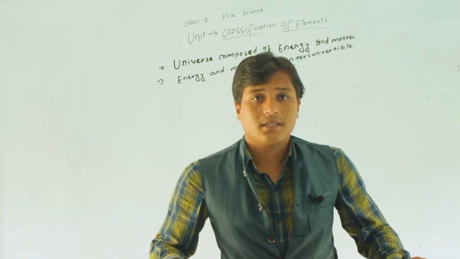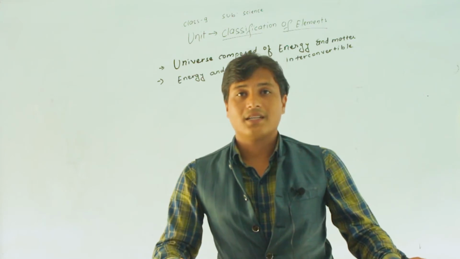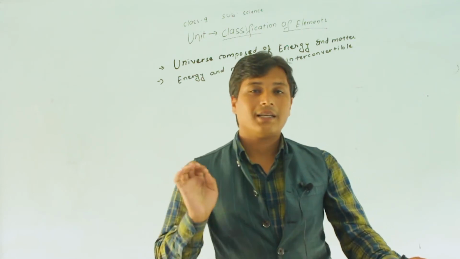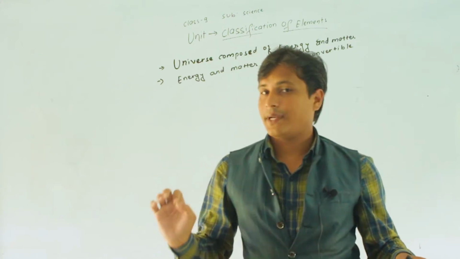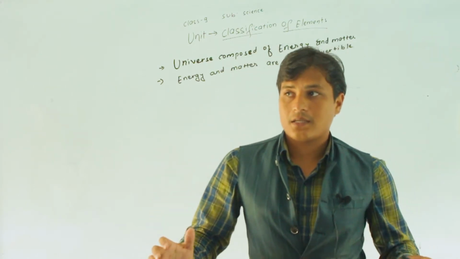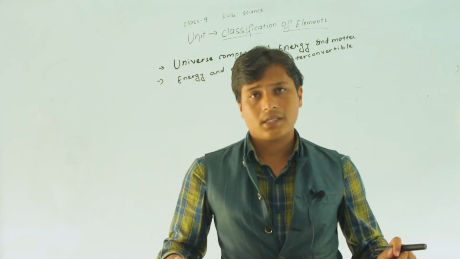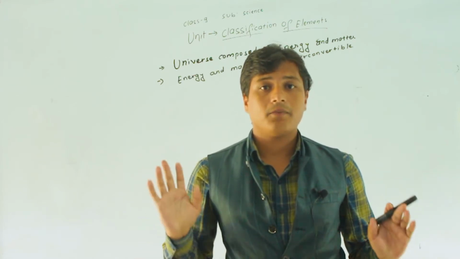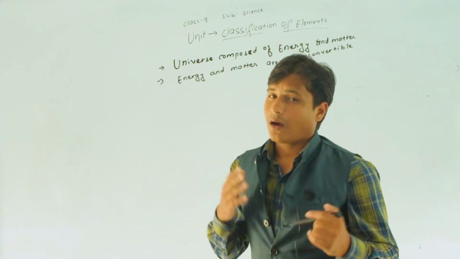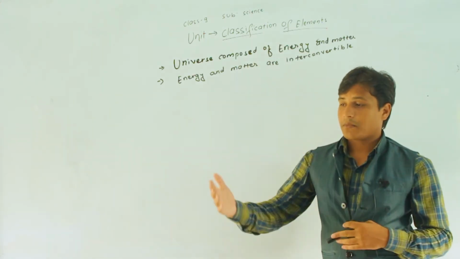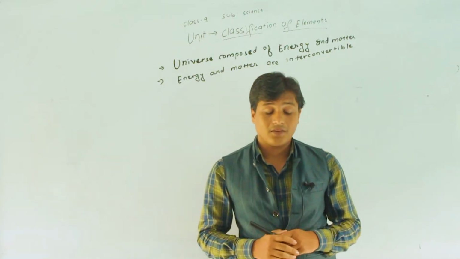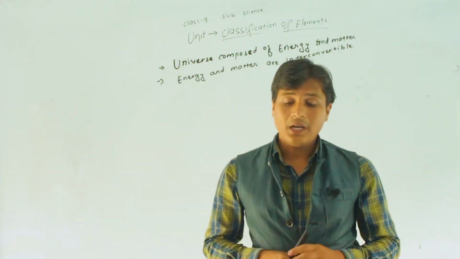The scientist Albert Einstein gave the special theory of relativity. In that theory, he provided all the information on how energy can be converted into mass, and mass can be converted into energy. There are so many examples.